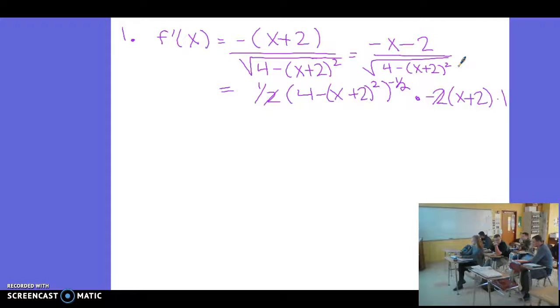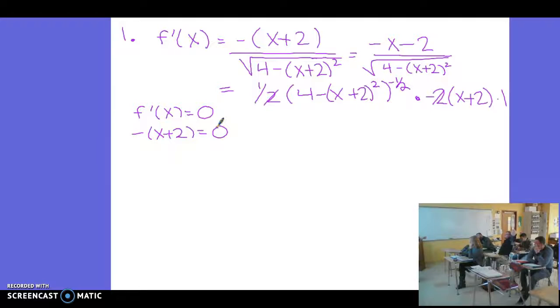So the second thing you need to do now is to look for where f prime equals 0 and where f prime does not exist. In order to do that, f prime of x equals 0 only when the numerator equals 0. So when would negative x plus 2 equal 0? Oh, so it's only when the numerator equals 0?